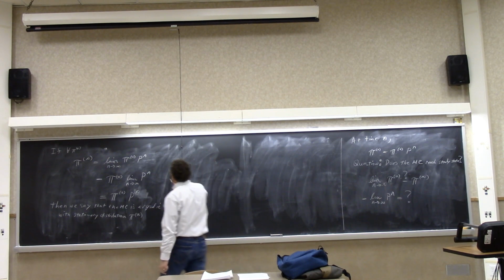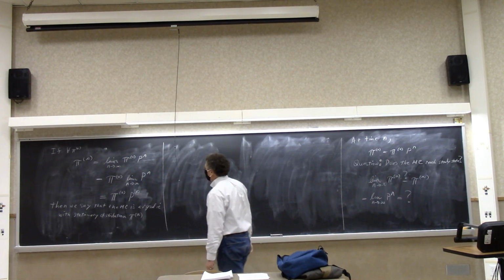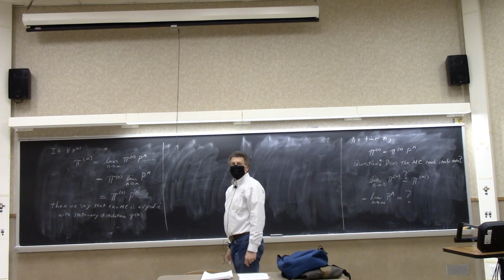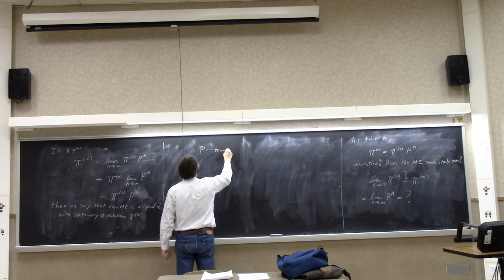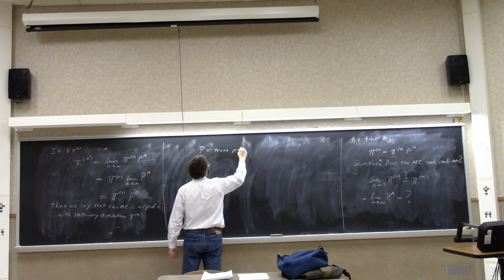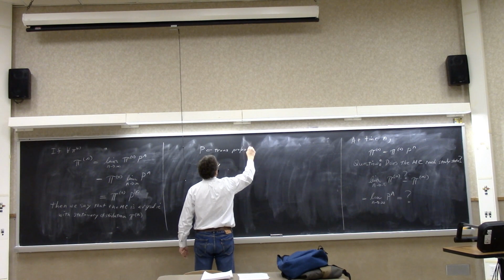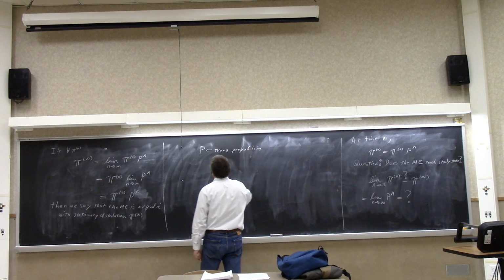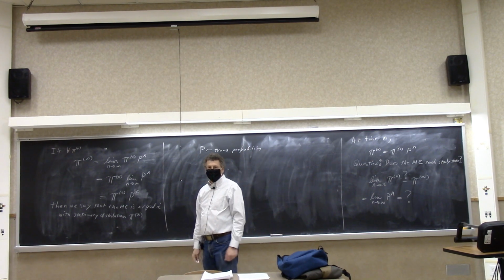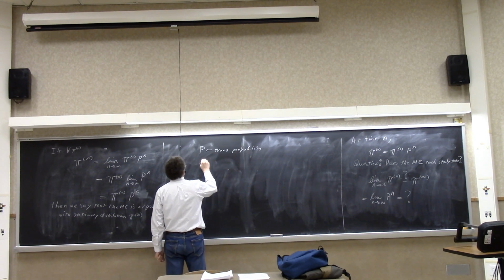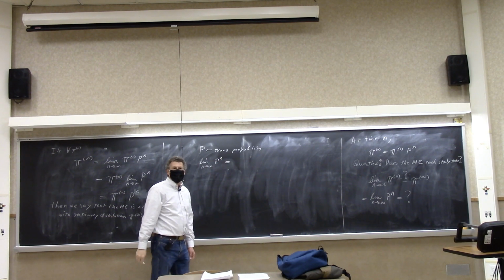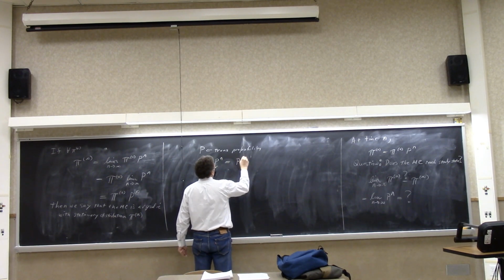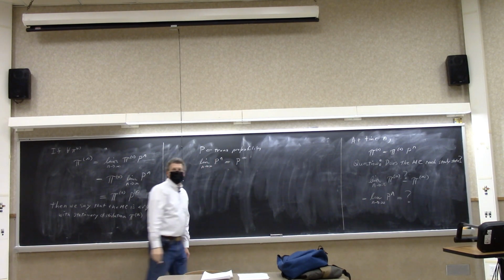Maybe I should pause here a moment and just make sure everybody's on board. So P is the transition probability, right? And the limit as n goes to infinity of P to the n, if it exists, it doesn't necessarily exist, we say it's P infinity.